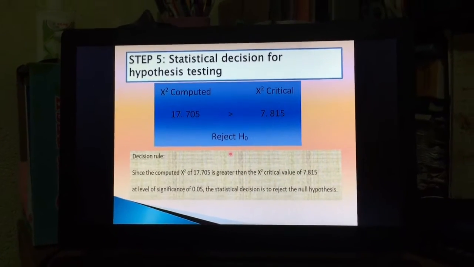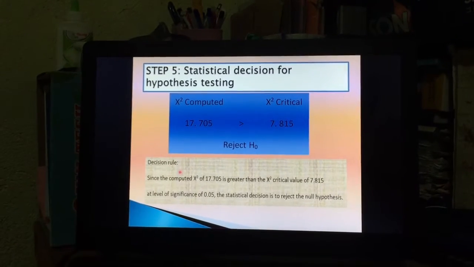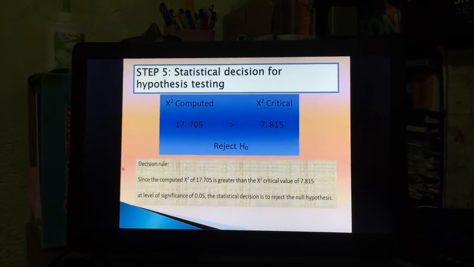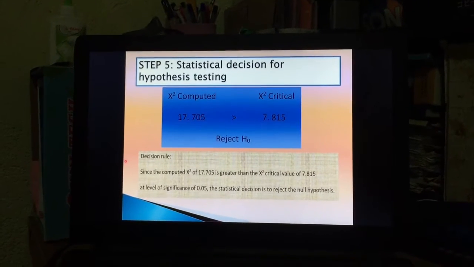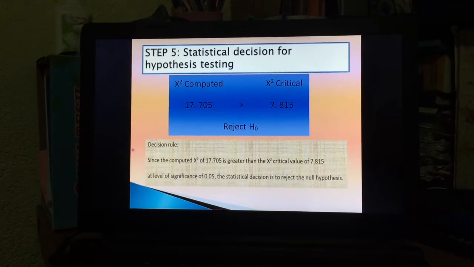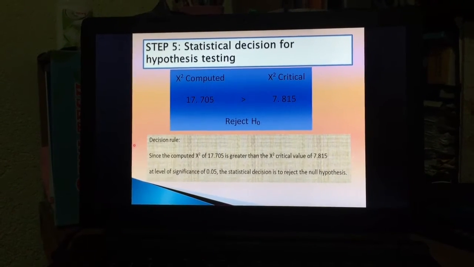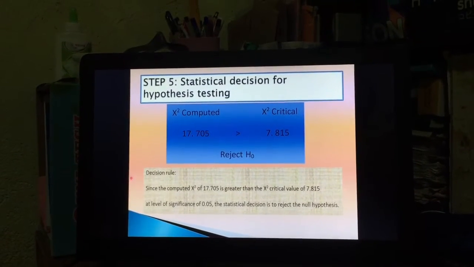Therefore, we are going to reject the null hypothesis. For our decision rule, since the computed chi-square of 17.705 is greater than the chi-square critical value of 7.815 at level of significance 0.05, the statistical decision is to reject the null hypothesis.